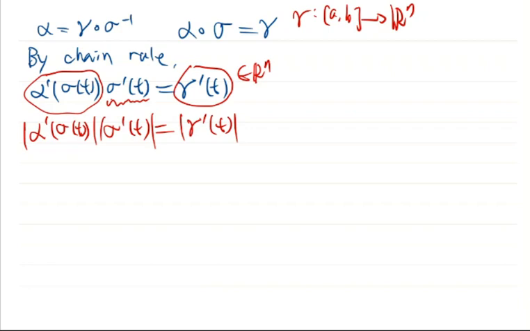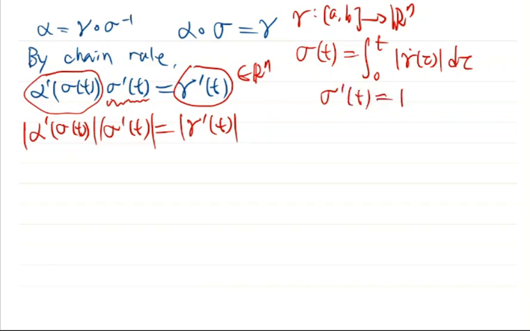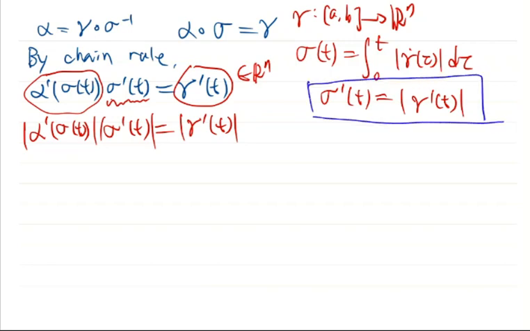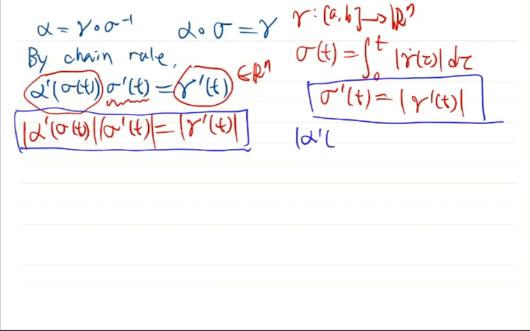Remember our sigma of t is given in this way. Therefore, sigma prime of t is the norm of gamma prime of t. So from this and this, we conclude that the norm of alpha prime of s, that is alpha prime of sigma of t, is 1.